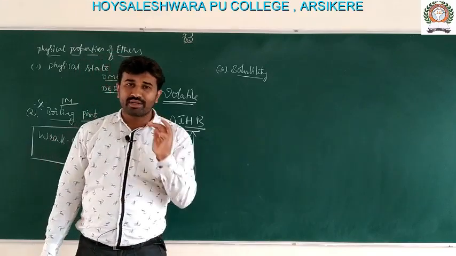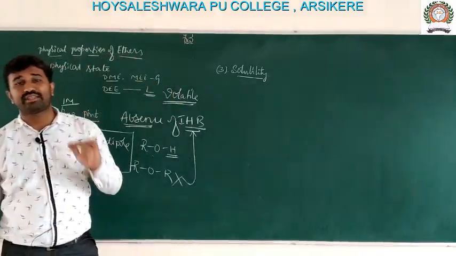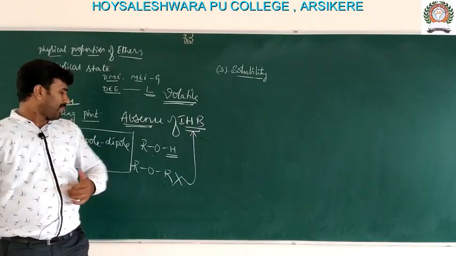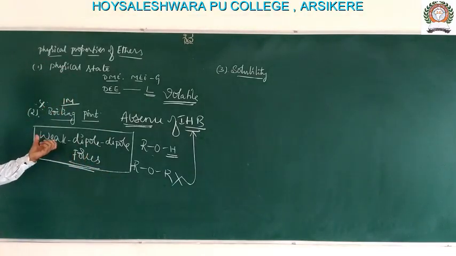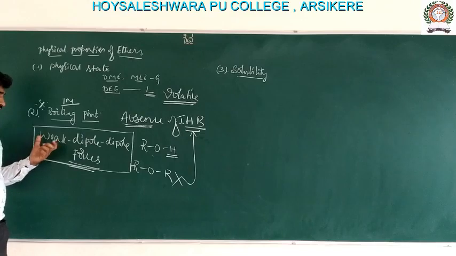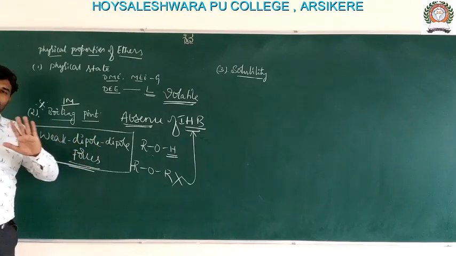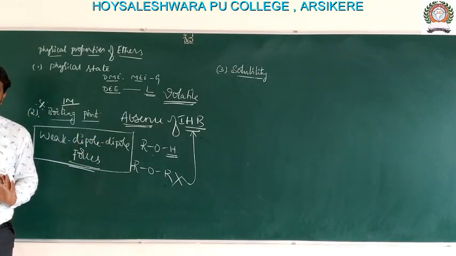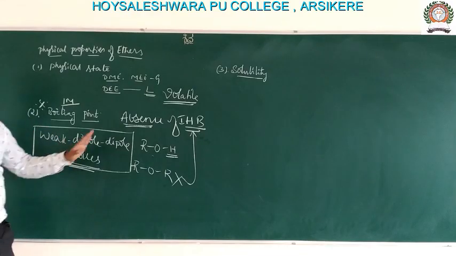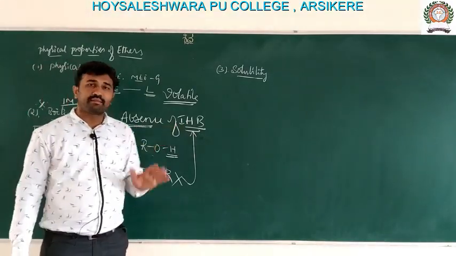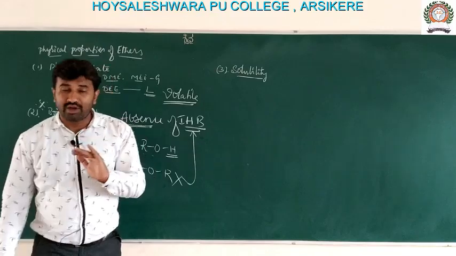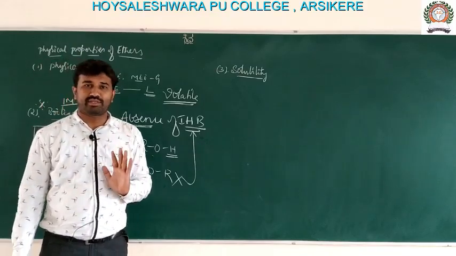Therefore the boiling point is less in case of ethers. Remember this point: the boiling point of ethers is due to the weak dipole-dipole forces, and the absence of intermolecular hydrogen bonding makes ethers have low boiling point.